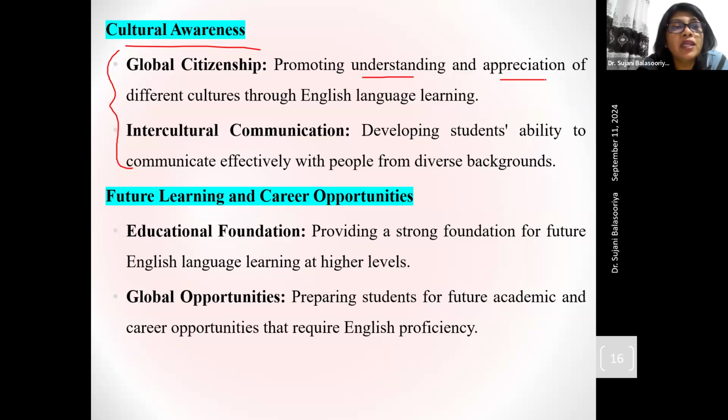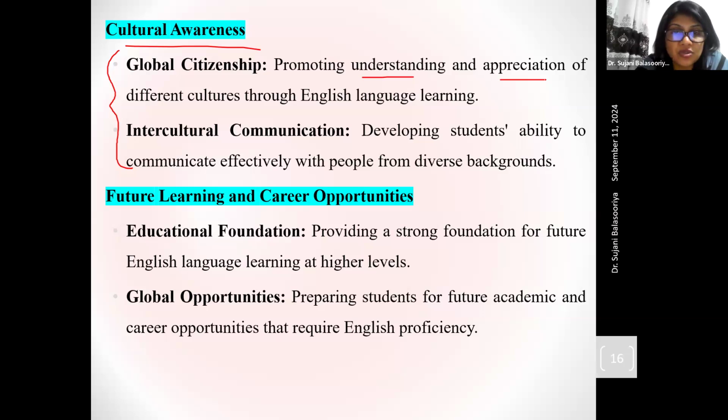That is what you mean by cultural awareness, right? Improving cultural awareness, and the other part is intercultural communication. That means developing students' ability to communicate effectively with people from diverse backgrounds. Okay, communicate effectively, intercultural communication.